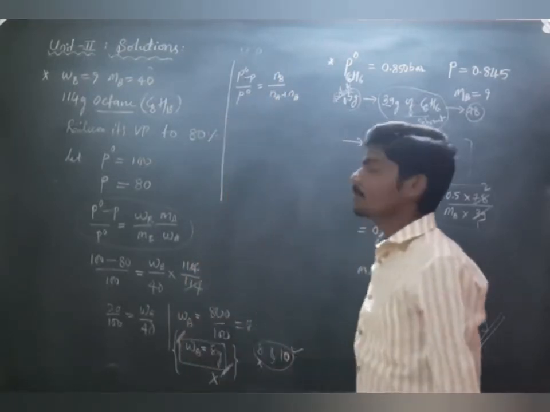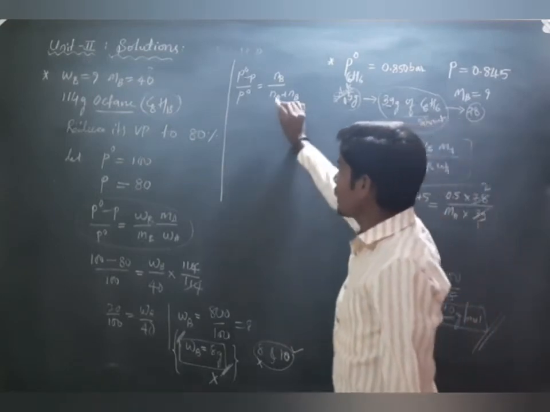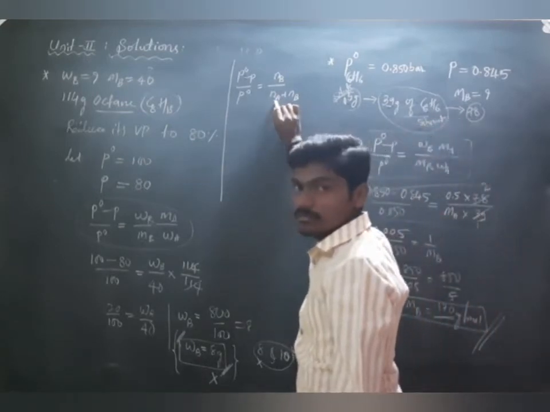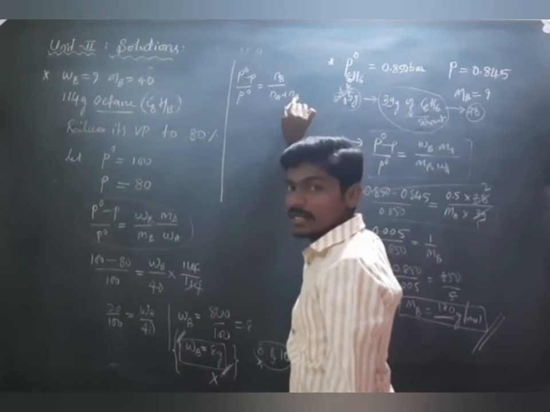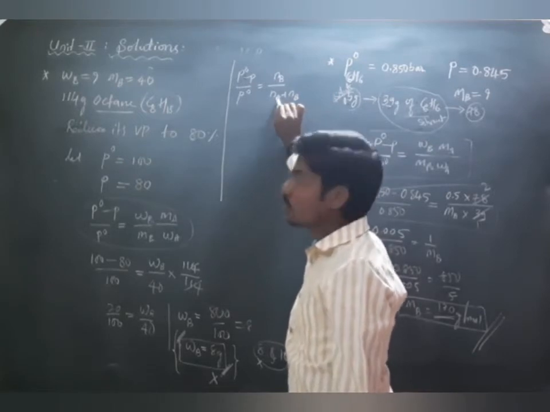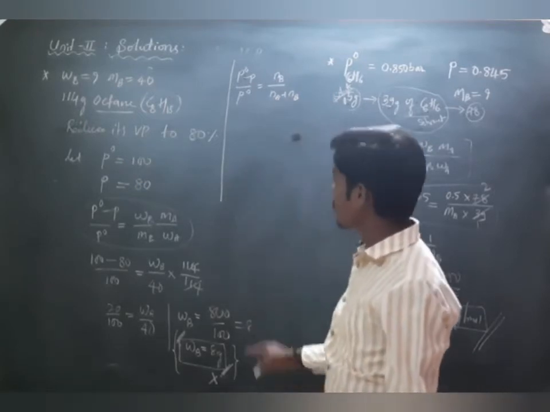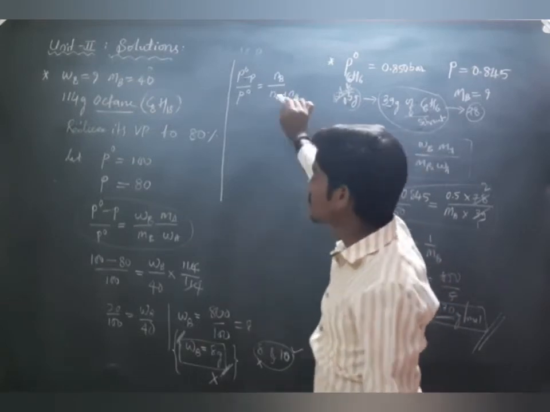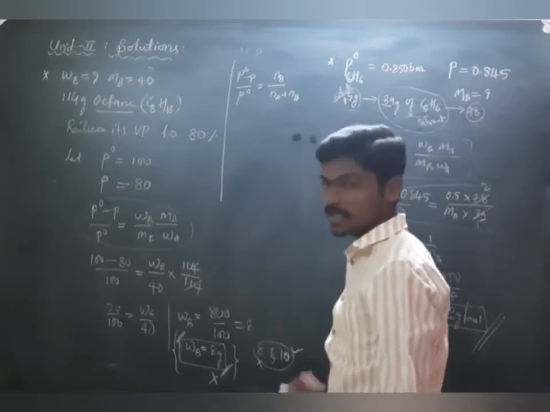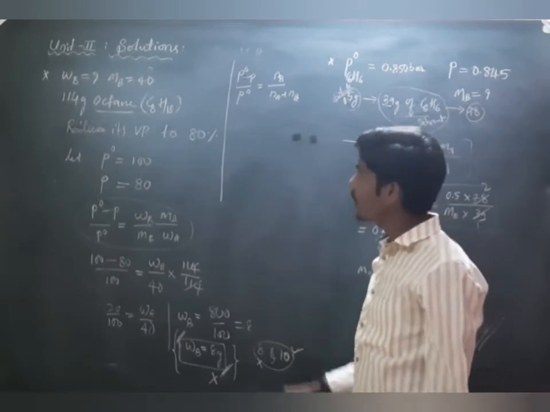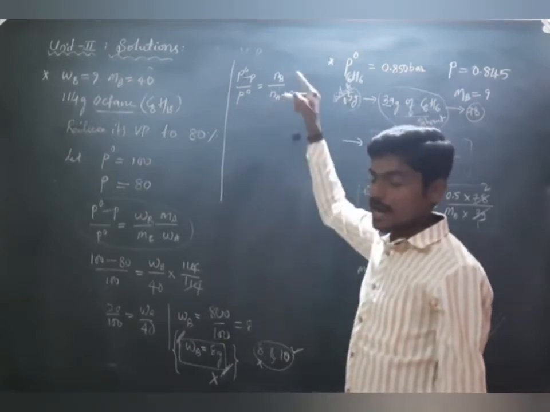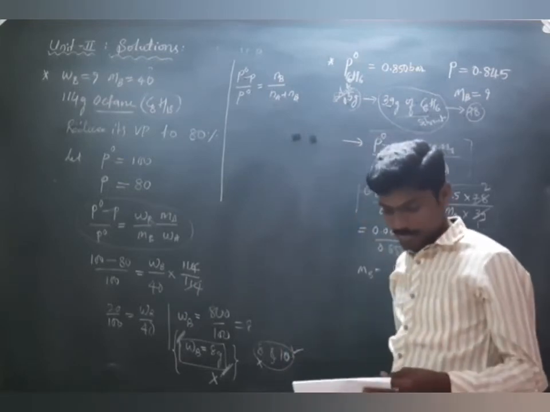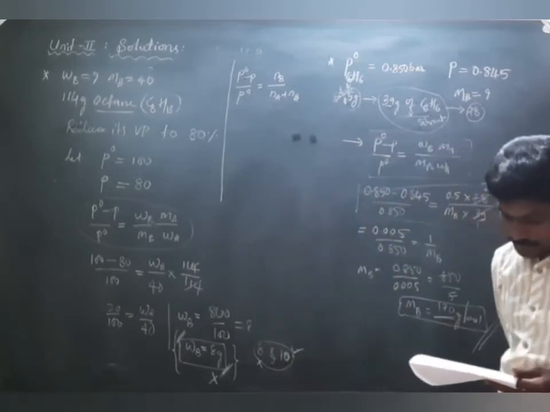If NB is neglected as compared to NA, then no problem, this is the answer. If it is not neglected, then you will get the answer 10. So simplify with this formula and verify this answer.